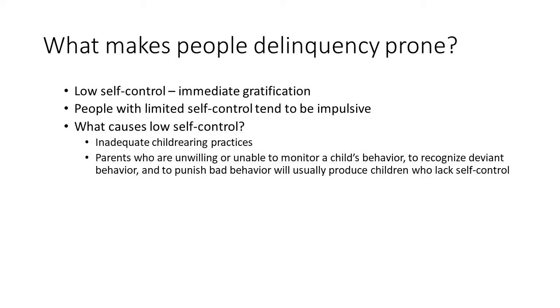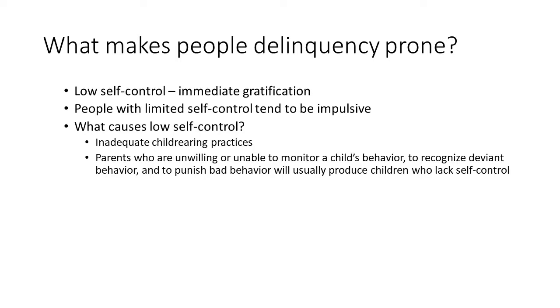People without good self-control tend to be impulsive. Impulsive people are insensitive, physical, risk-taking, short-sighted, and nonverbal. They have an orientation towards immediate gratification and are less likely to feel and or share. Therefore, they're more likely to engage in delinquent acts that they find pleasurable.